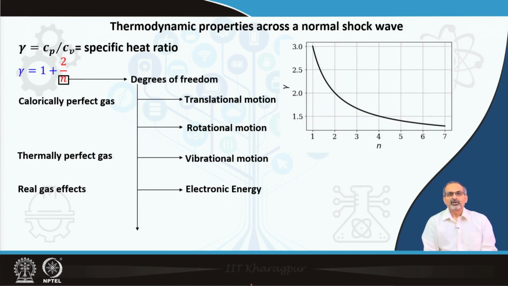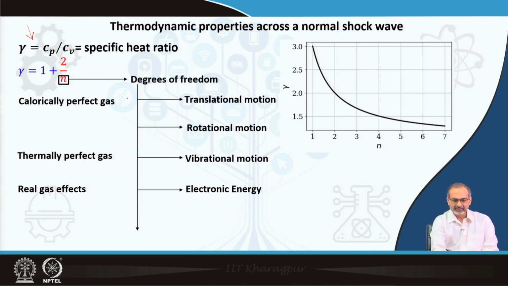Now, coming to the thermodynamic properties across a normal shock wave, you remember that gamma is a very important term in compressible flows, which is basically the ratio of specific heats Cp by Cv, and gamma can in general be represented in a form like this: gamma is equal to 1 plus 2 by n, where n happens to be the degrees of freedom that is available in a given gas.